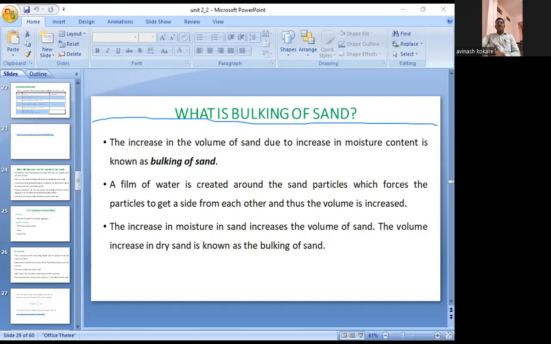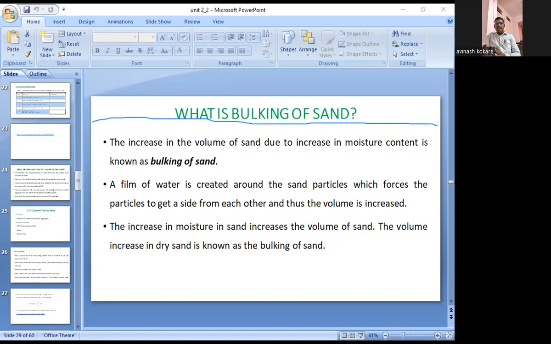Why are we calling it bulking? Bulking is nothing but, due to the moisture present in the sand, the volume of sand increases.